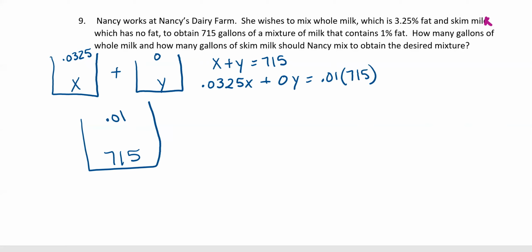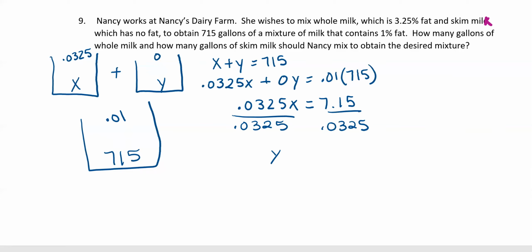So this one's a little easier to solve because we can immediately solve for X, because we have 0Y. So X is equal to 220.